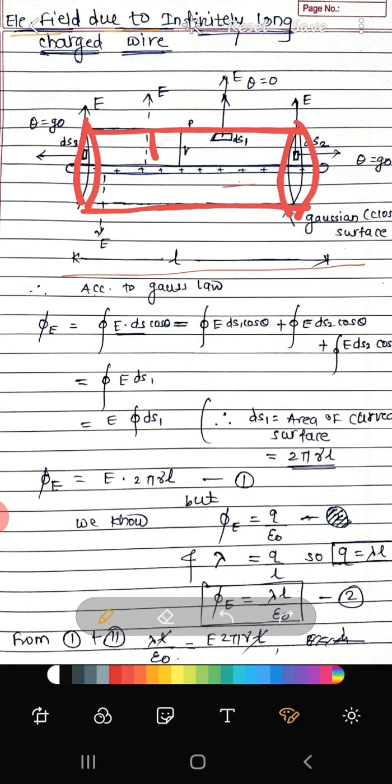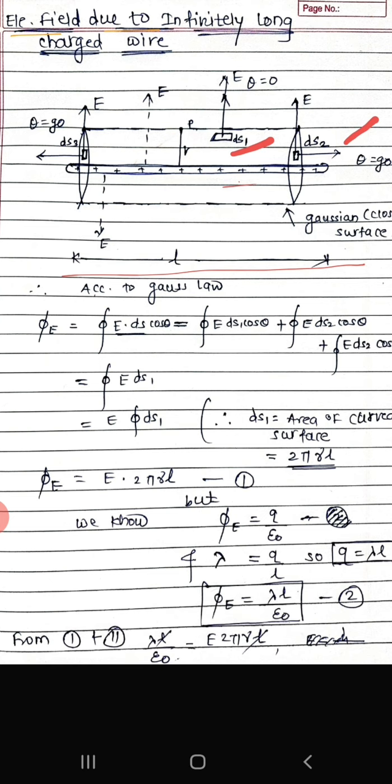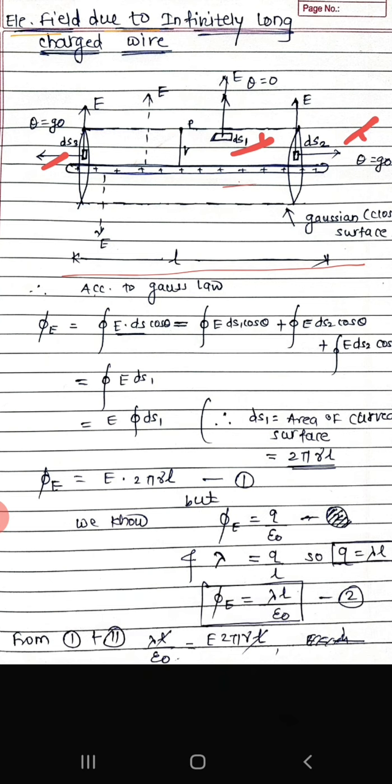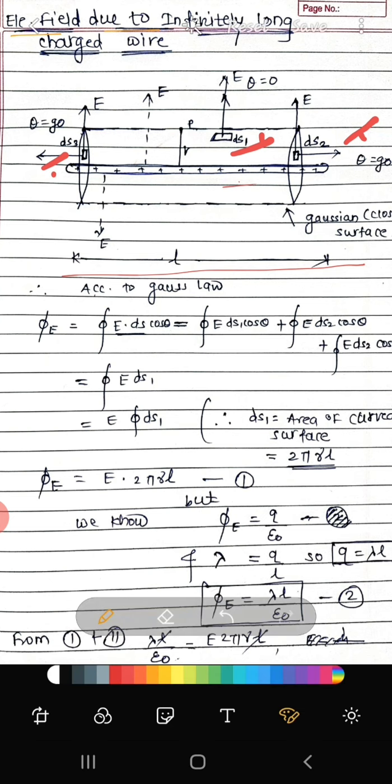So in that we have to consider three different surface areas: ds1 at the axis, ds2 at one end of the surface, and ds3 at another end of the surface. So once again, we consider three different surfaces, ds1, ds2 and ds3.